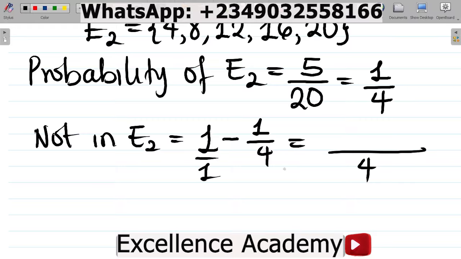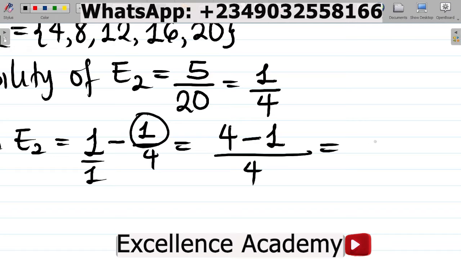This is all over 1. 4 divided by 1 gives you 4, times 1 gives you 4. So it becomes 4 minus 4 divided by 4 gives you 1, 1 times the numerator gives you 1. This will be equal to 4 minus 1, which is 3, all over 4. So the answer is 3 over 4.